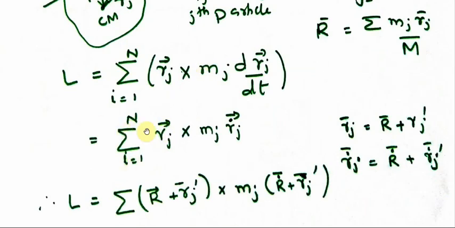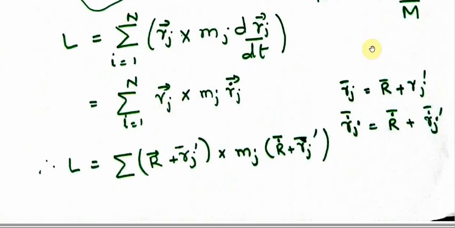L is equal to the sum over j equal to 1 to n of rj cross mj rj dot. Now I have used this expansion for rj, so that is r plus rj prime cross mj into r dot plus rj prime dot. Substituted that.